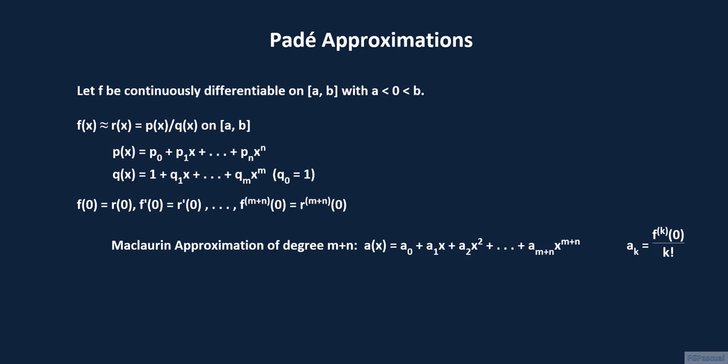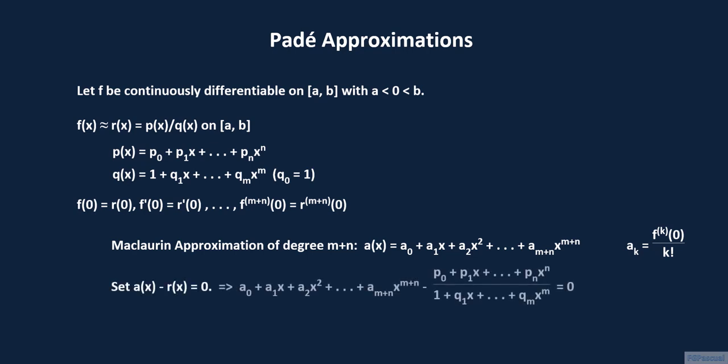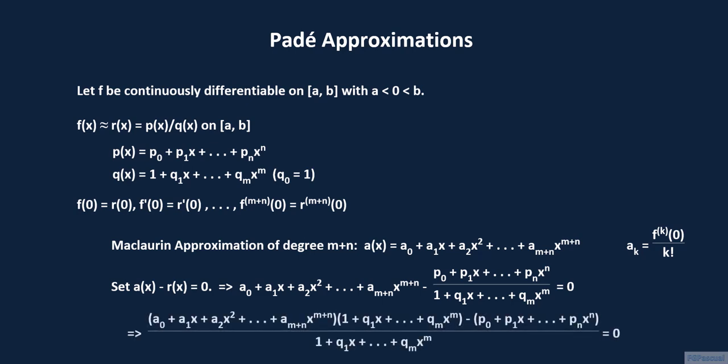We obtain the Padé approximation by assuming that a of x is identically equal to r of x, or that a of x minus r of x equals 0, or that a of x minus p of x divided by q of x is identically equal to 0. We write a of x minus p of x divided by q of x as a single fraction and obtain this equation.